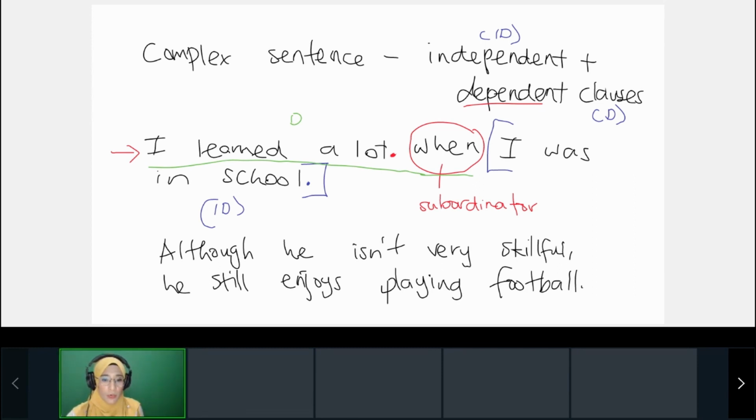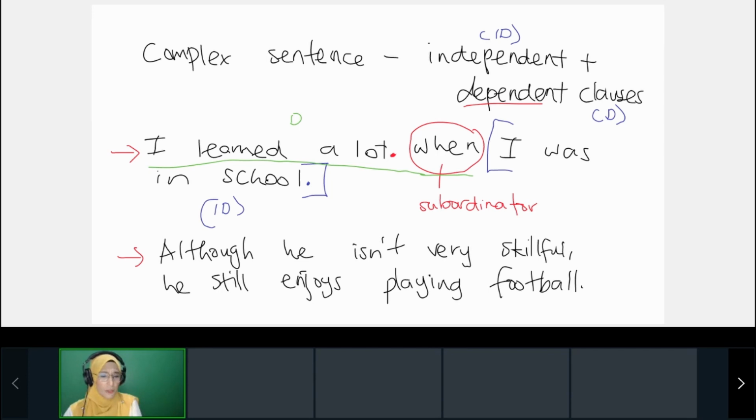Now, which one do you think is the ID and which one is the D? Let's take a look at it closer. So here it says, although he isn't very skillful, he still enjoys playing football.